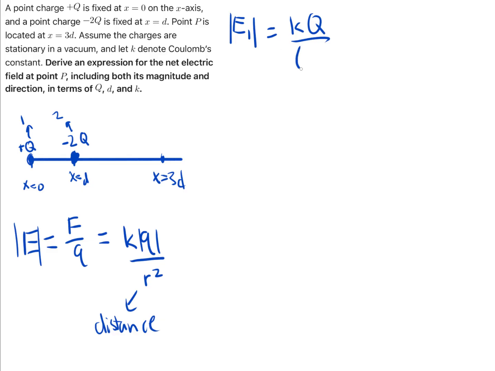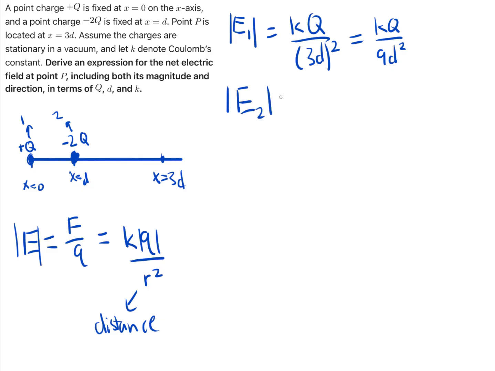So the distance is 3d, and we square that whole quantity. So that's kq over 9d squared, and that's the magnitude of the first point charge's electric field.